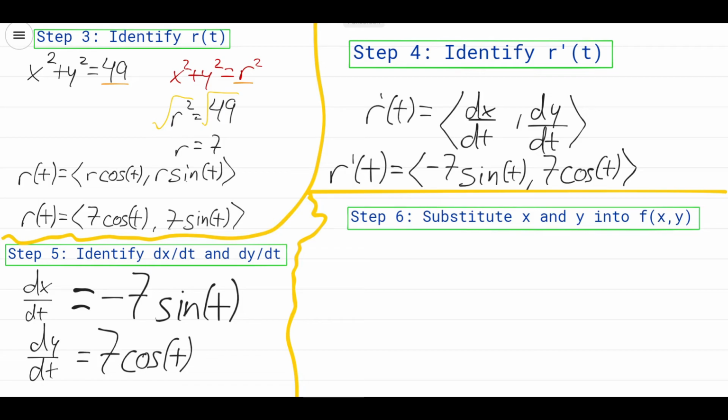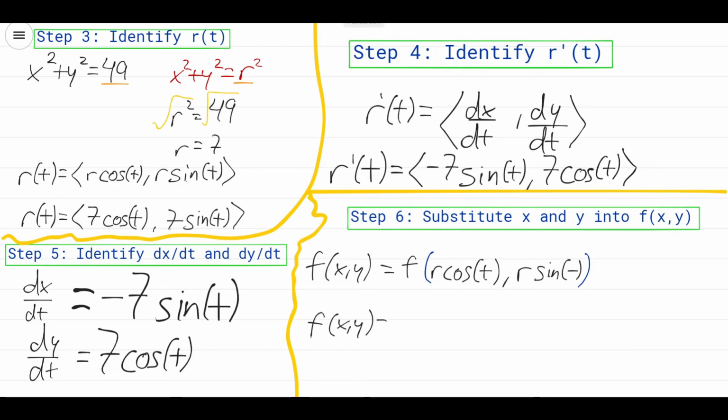And now we're going to substitute x and y into f of x, y. Because we want this in terms of t, because this is a line integral on a parameterized curve. So recall our f of x, y that we identified in step 1 is equal to f of r cosine t, r sine of t. And we know f of x, y is x plus 2y as given to us.